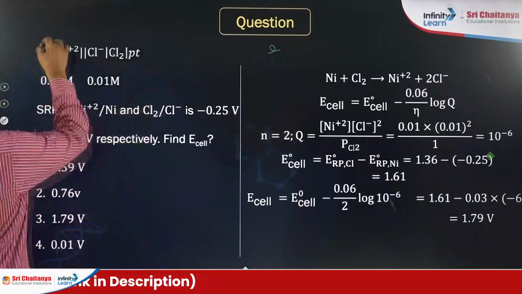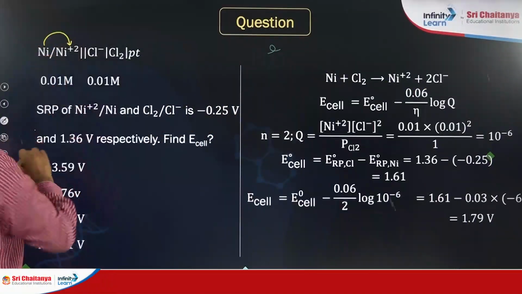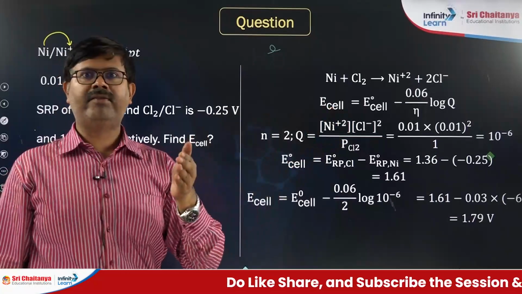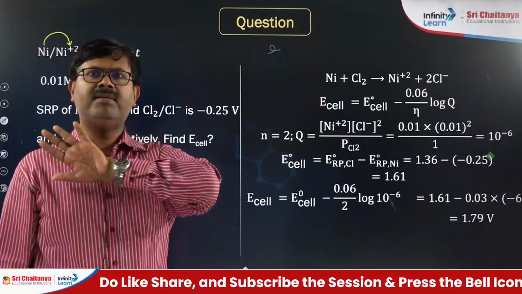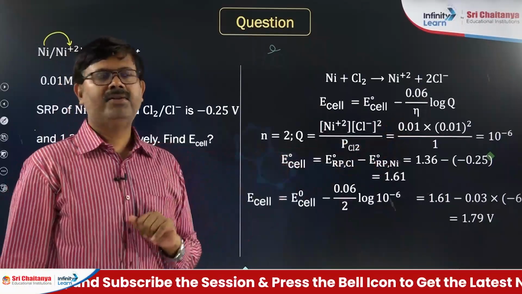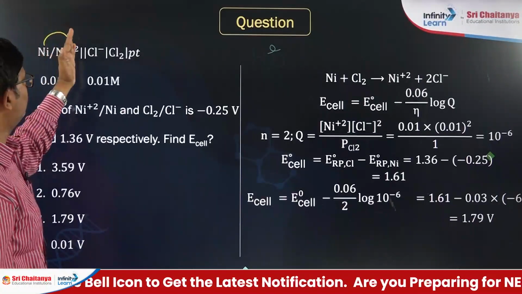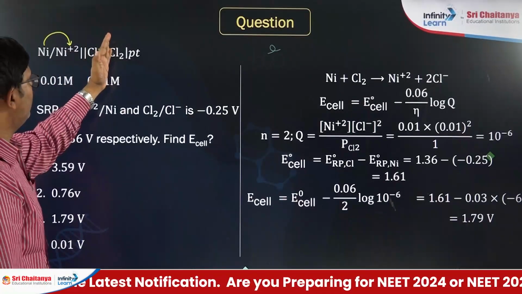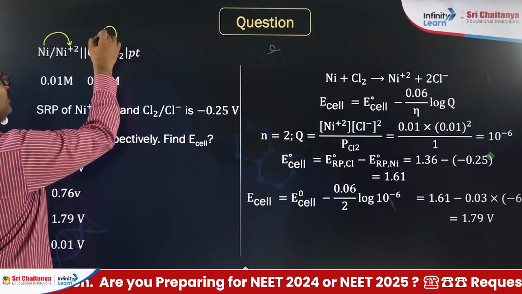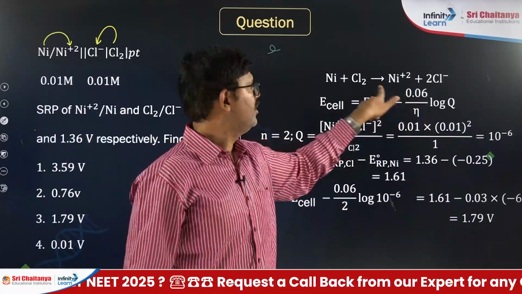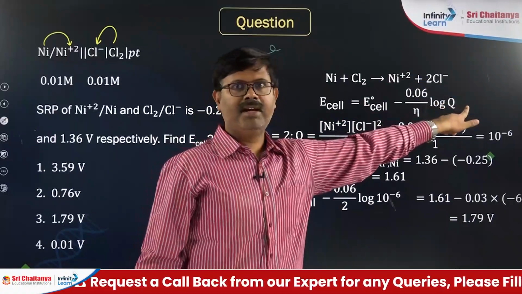See, here nickel gives Ni plus 2, because I already mentioned in the beginning: for halogens, follow right to left. For metals and hydrogen, follow left to right. So nickel is a metal, follow left to right, nickel gives Ni plus 2. For halogens, be careful here, you have to write Cl2 gives Cl minus. So Ni gives Ni plus 2, Cl2 gives Cl minus.